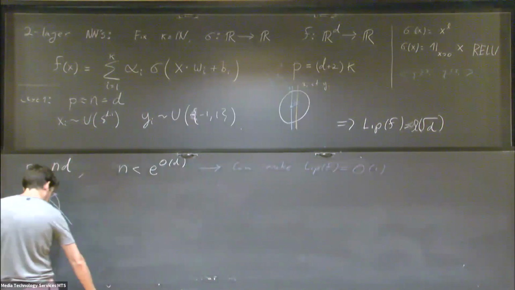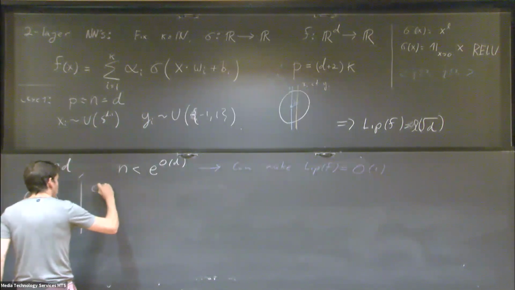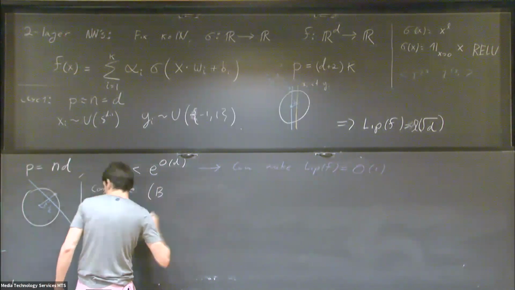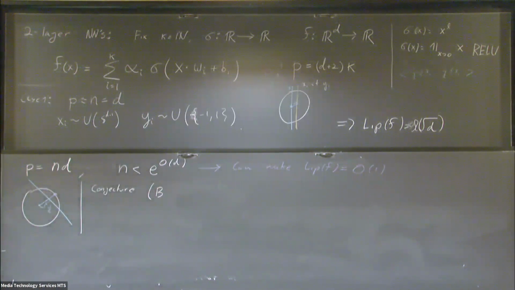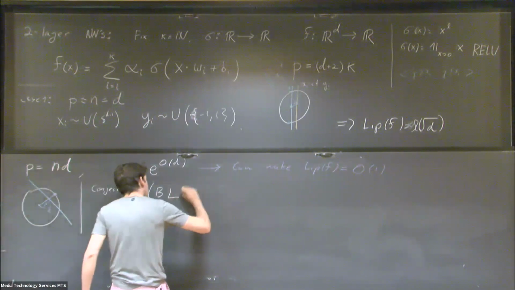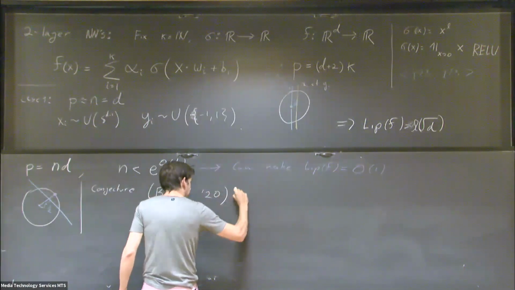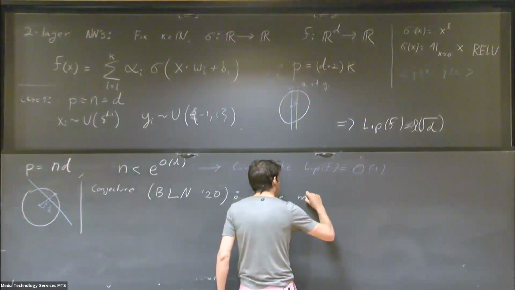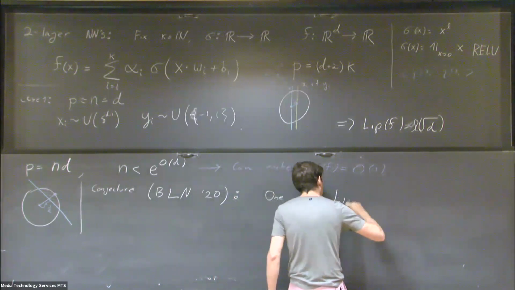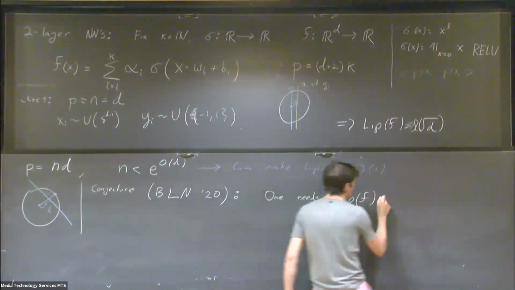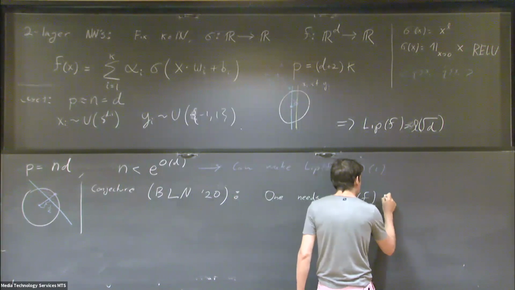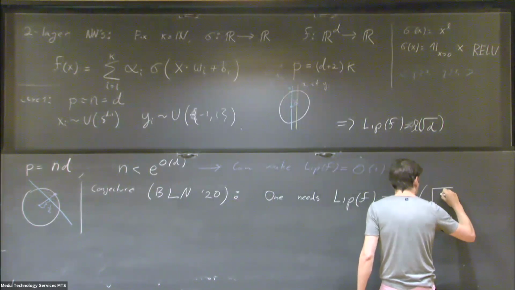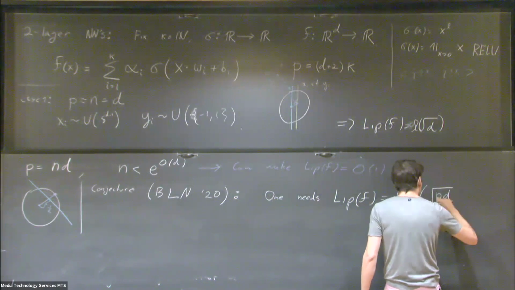Okay, so now the conjecture that Sebastian Bubeck had in a paper with Lee and Nagraj a year ago, I guess, is that essentially, in order to memorize, one needs the Lipschitz constant to be at least root n d over p.